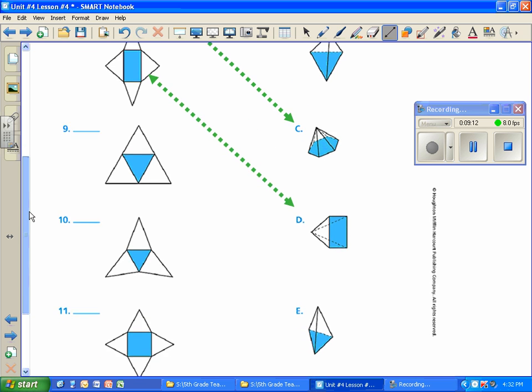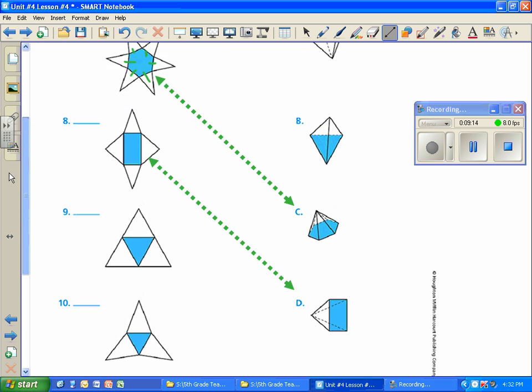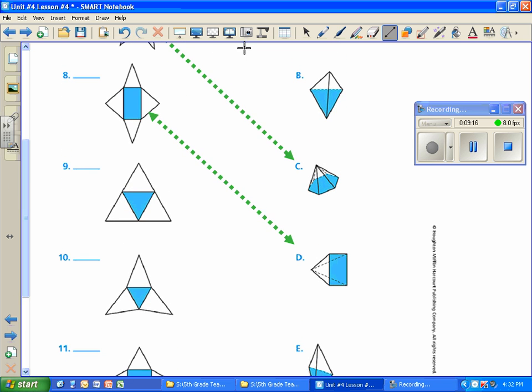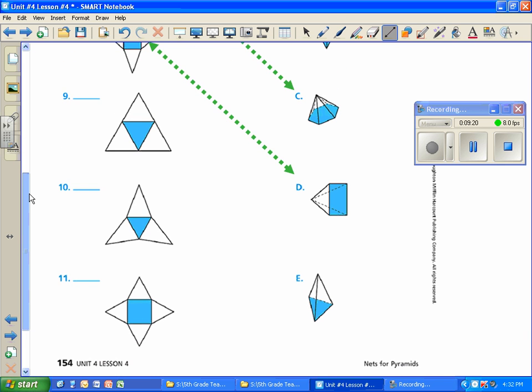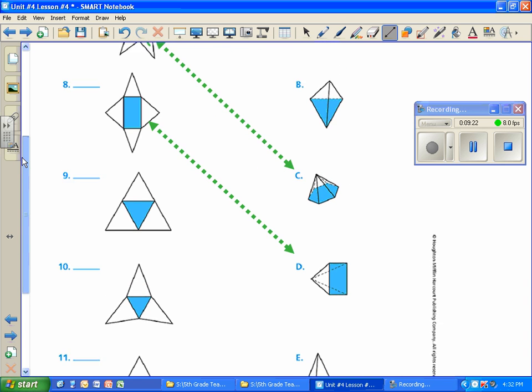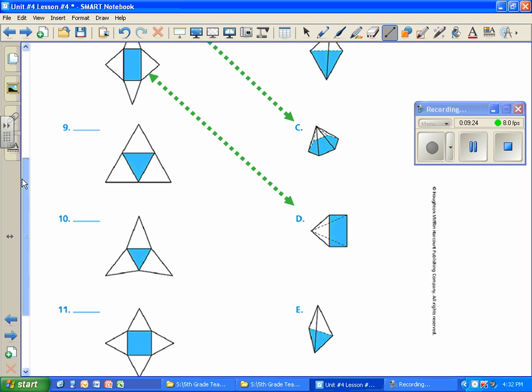Now if you look at letter B and you look at E, they both have a base that's a triangle.